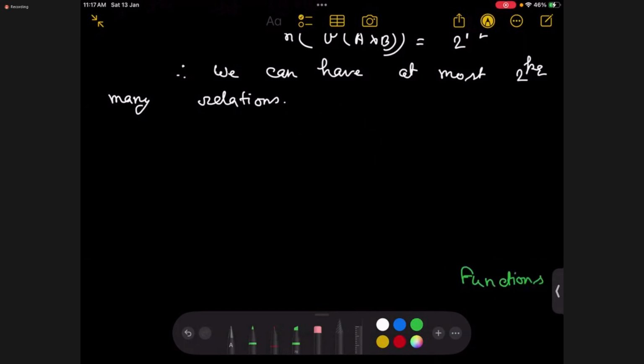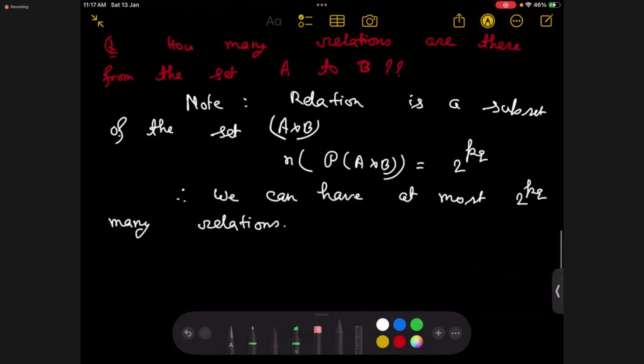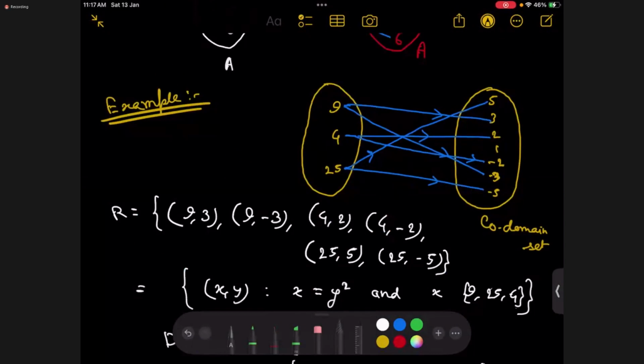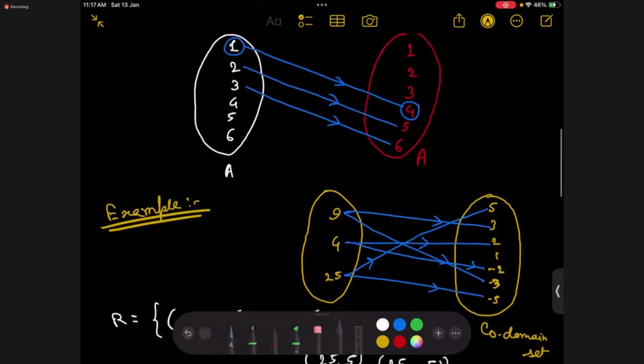Now I will come back to function a little later. Before that, come to this example. Just observe the difference between these two examples.